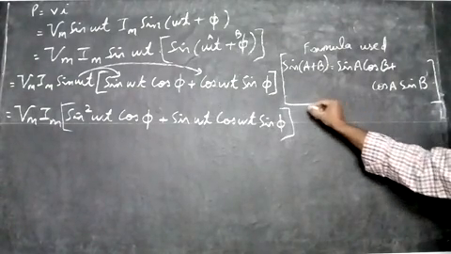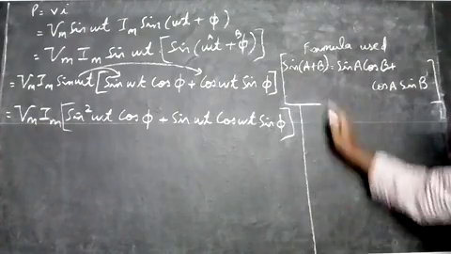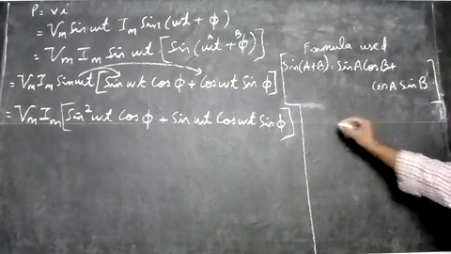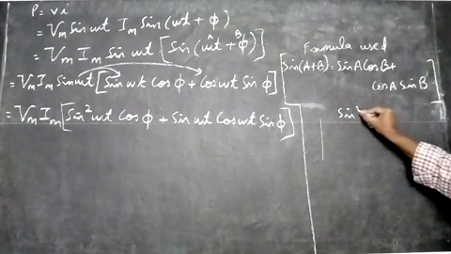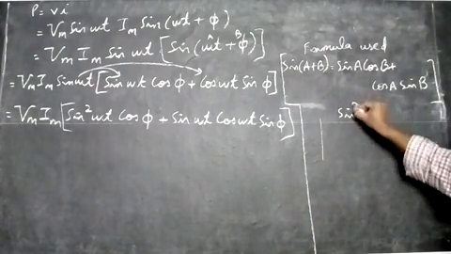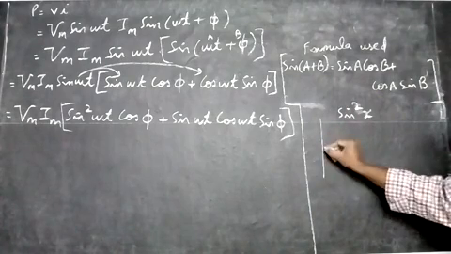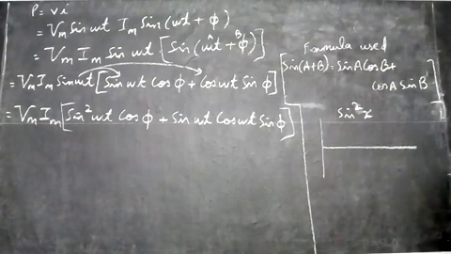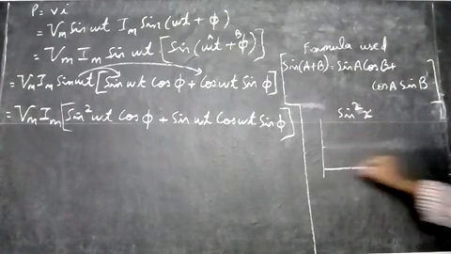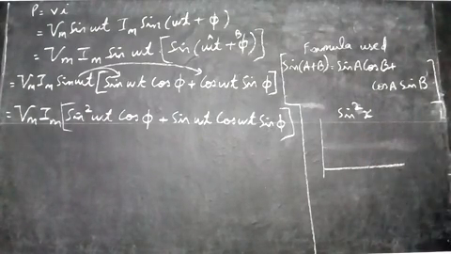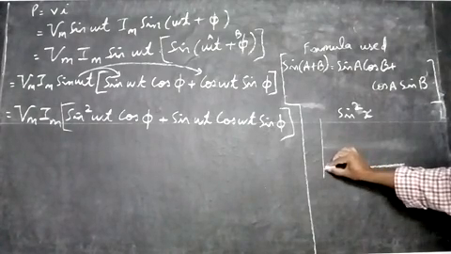Let me draw a line this way, and we'll draw the graph for sine square x. The graph of sine square x will be like this, it will curve this way.